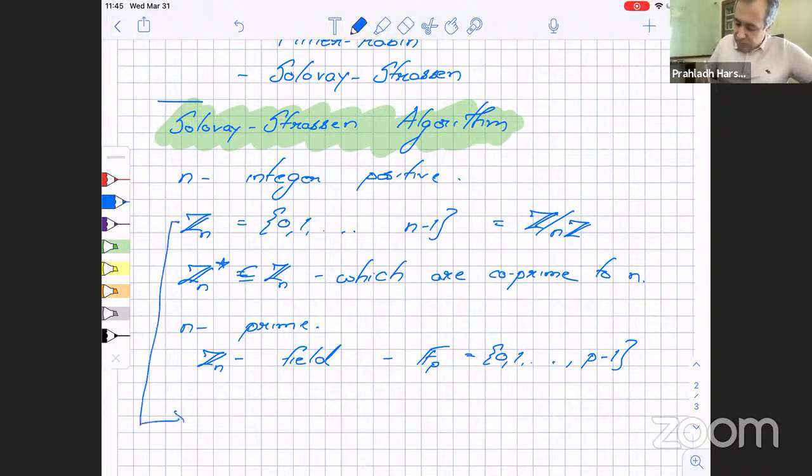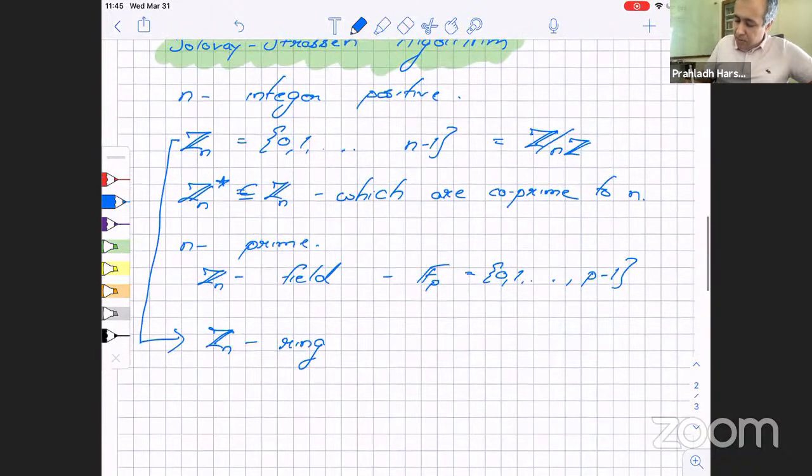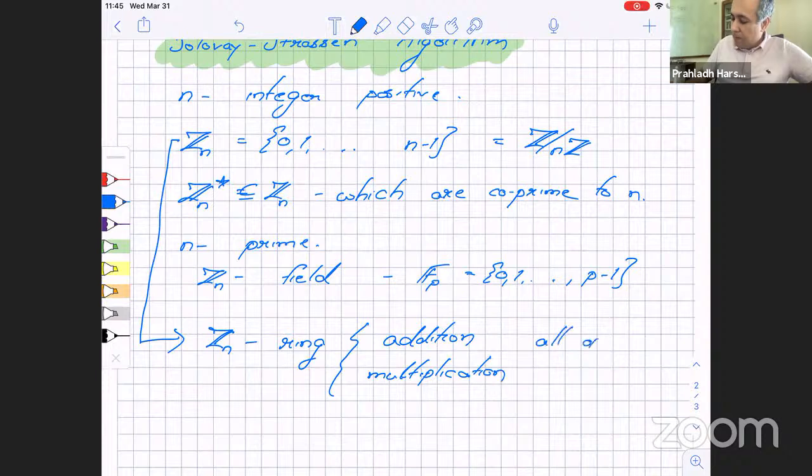In this group Zn, I'm going to think of it as a ring. What do I mean by a ring? A ring should have both addition and multiplication, but all operations are performed mod n.